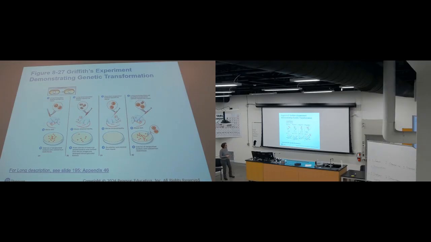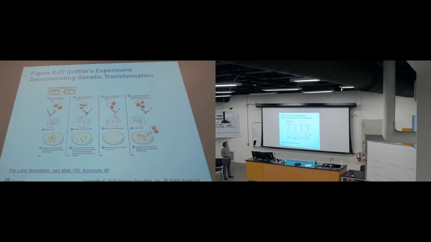Now, whenever they injected only the bacteria that didn't have a capsule into a mouse, the mouse remained healthy, it didn't die. And they grew the bacteria from the blood of these mice, and then they saw the colonies that looked like the non-encapsulated bacteria.